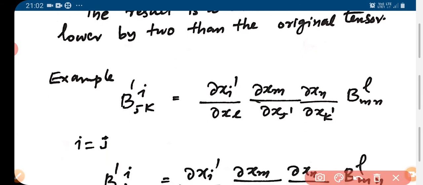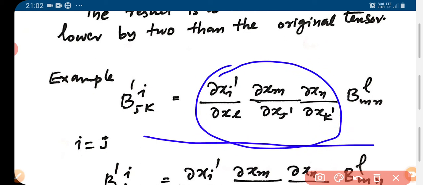For example, we take a mixed tensor. This is a third rank tensor, a tensor of rank 3, because we know there are 3 indices, and we know the transformation equation here.